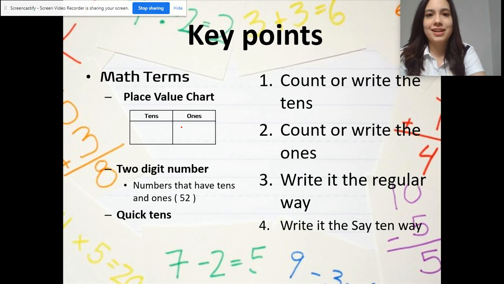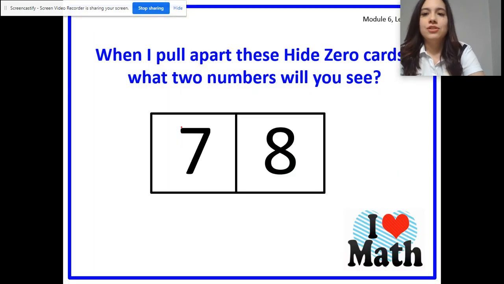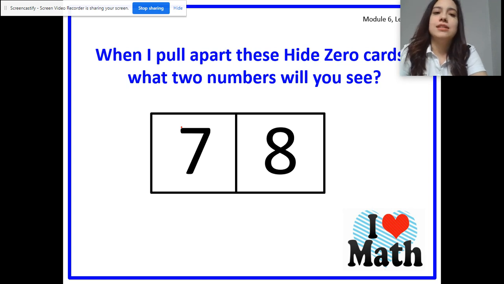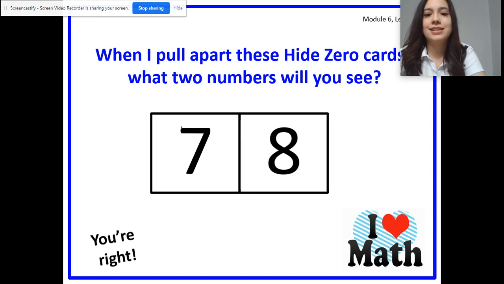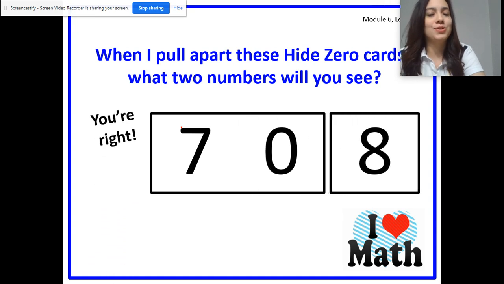Okay, ready? So first, we're listening. You're sitting tall and you're paying attention with your eyes and your ears. It says, when I pull apart these hide 0 cards, what 2 numbers will you see? Get ready. I hope you said 70 and 8 because you are right.